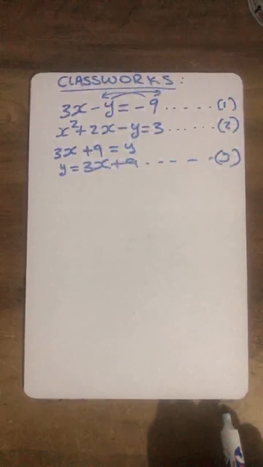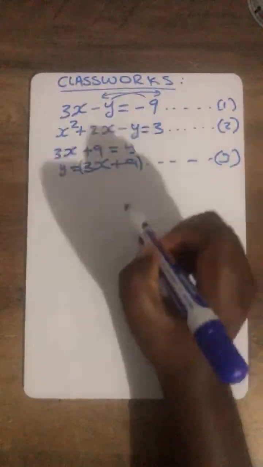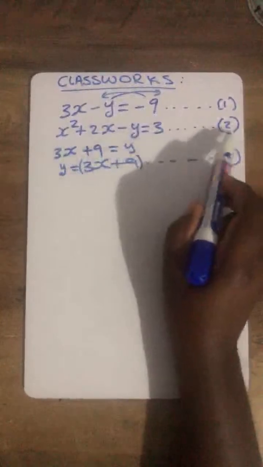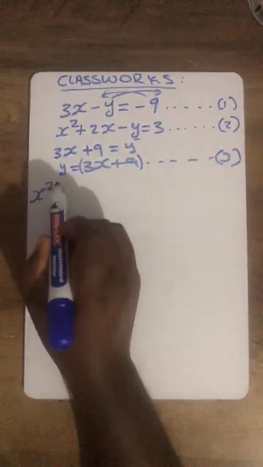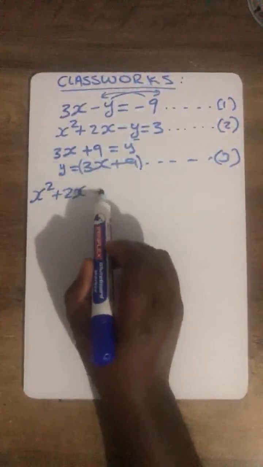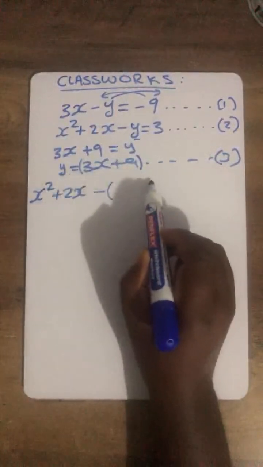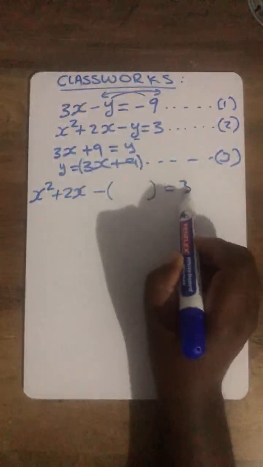Okay. So now we are going to take our equation number 3 and substitute it into equation number 2. So that means we have x squared plus 2x minus, where we put that, be careful to put it inside the brackets, then you can say it's equals to 3.